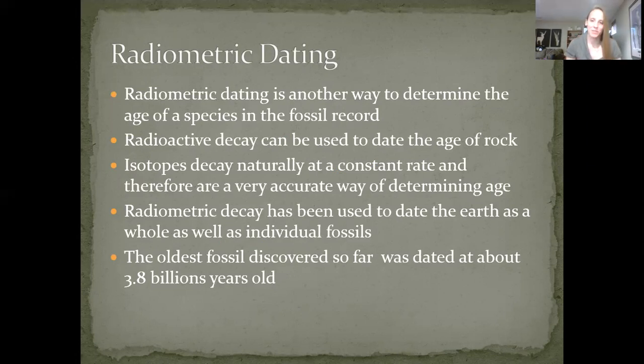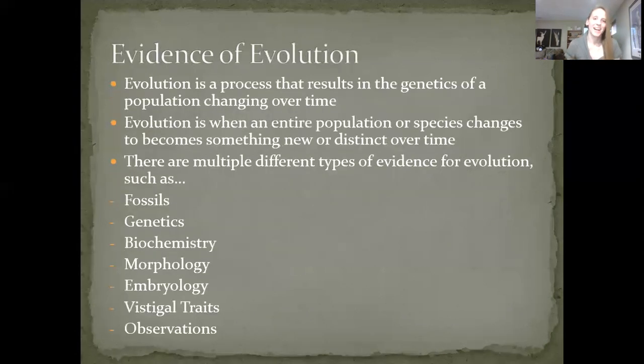Radiometric decay has been used to date the Earth as a whole, as well as individual fossils that we found. The oldest fossil discovered to date was dated at about 3.8 billion years old. Okay, so that's kind of how we date our fossils, figure out how old they are.